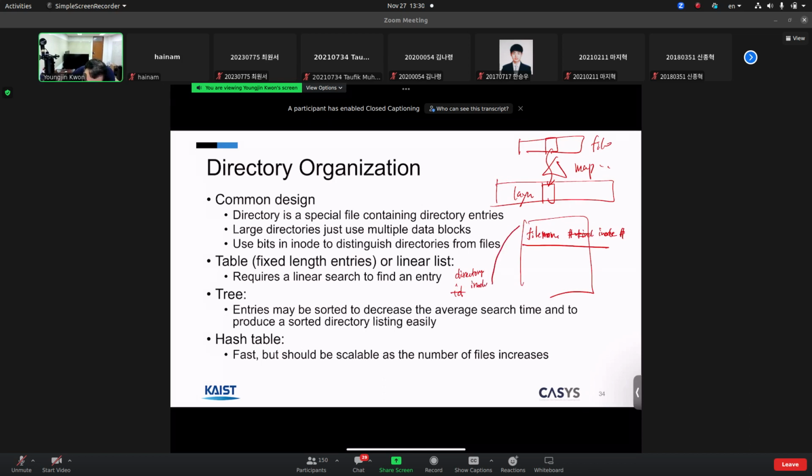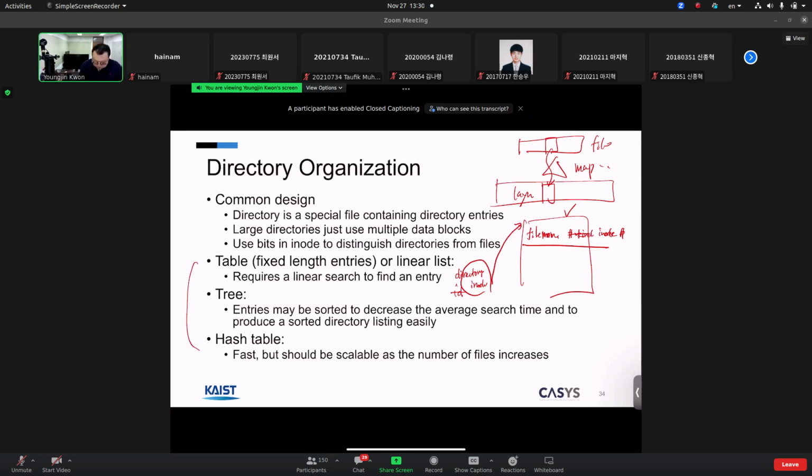From the directory inode, you have to locate the directory block. There are several ways to build this from directory inode to directory block. One way is using the existing indexing scheme. The other way is a different data structure.